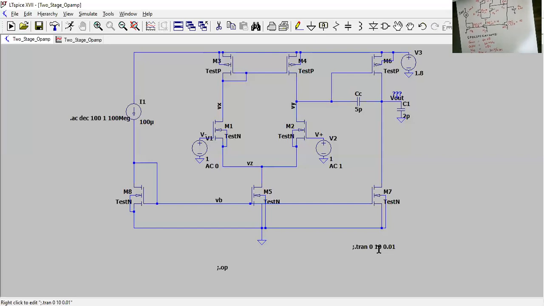Then we expect you to show how you did the simulation and what initial specifications you got, and after that, what you modified in order to reach the target specifications. It's going to take some time until you reach the desired specifications. Don't worry about that. Keep on modifying and checking the effect of each transistor.